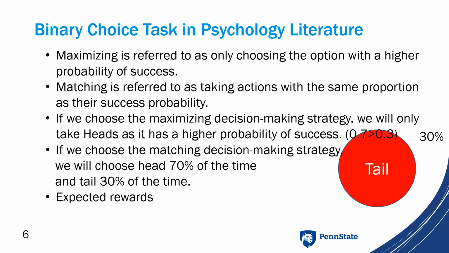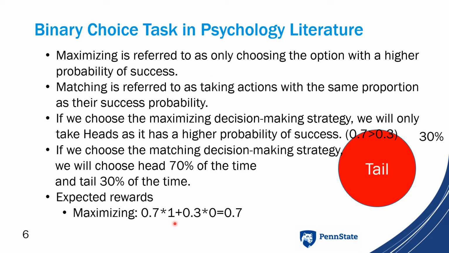If we assign the reward of 1 to matching the outcome and the reward of 0 to the mismatch, the expected reward for maximizing is 0.7 times 1 plus 0.3 times 0, where the first term corresponds to instances of playing head and the second term corresponds to the plays where tail was played. The first number is the probability of success, and the second number is the proportion of the time we choose that choice.